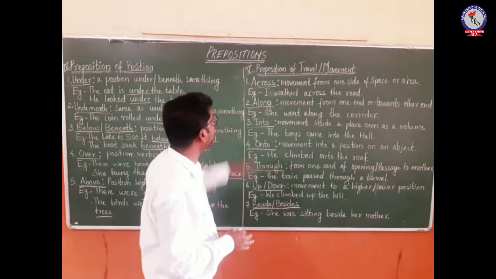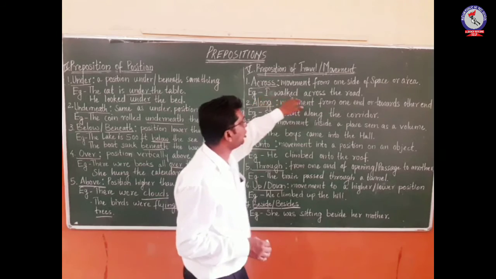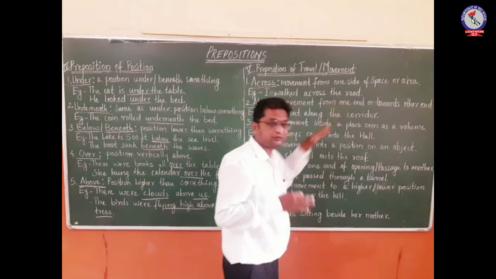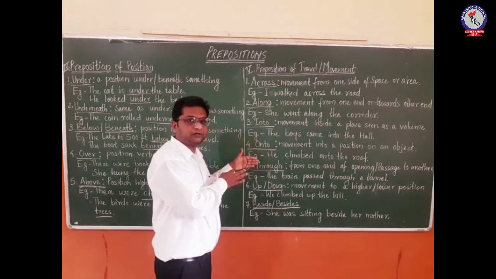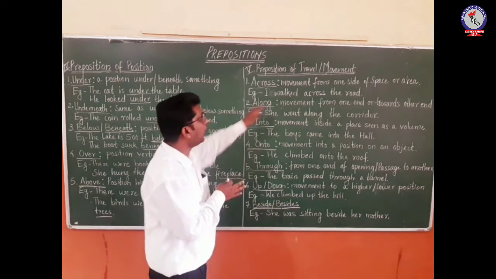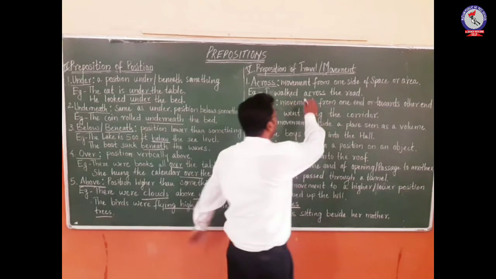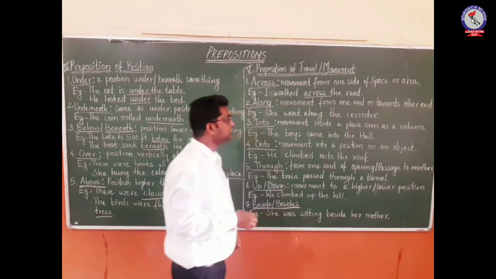See the example here. I walked across the road. That means the movement started from one side of the road.